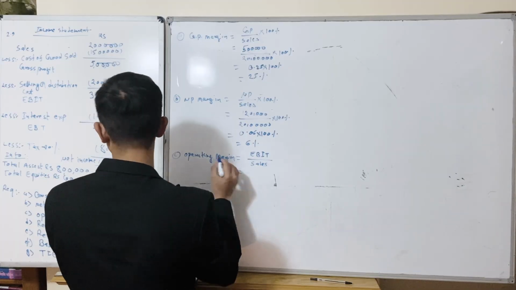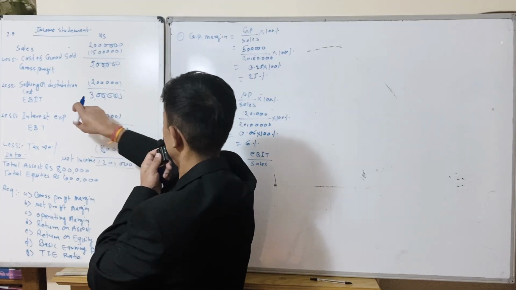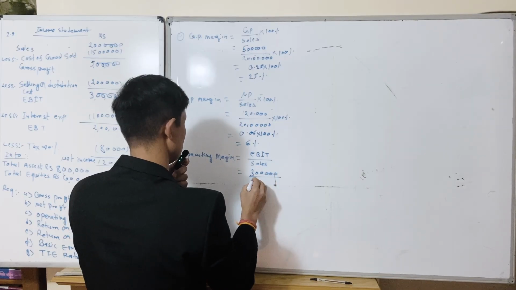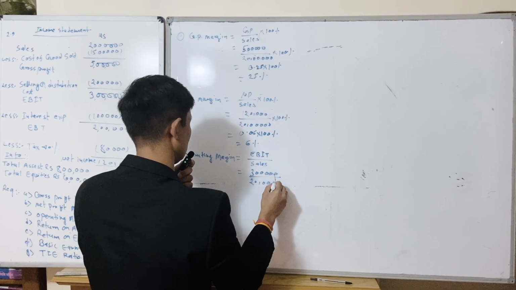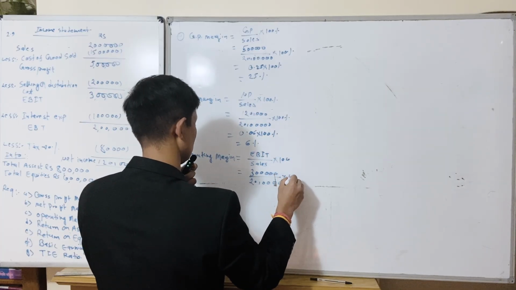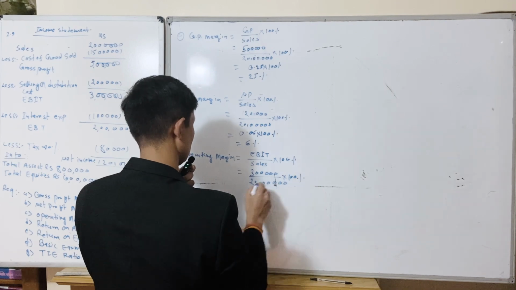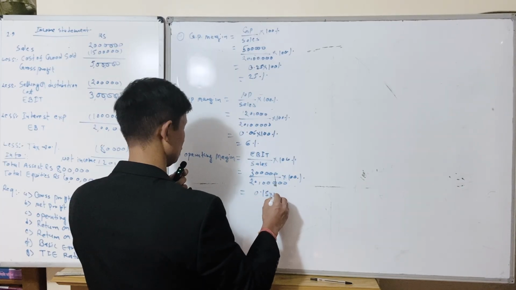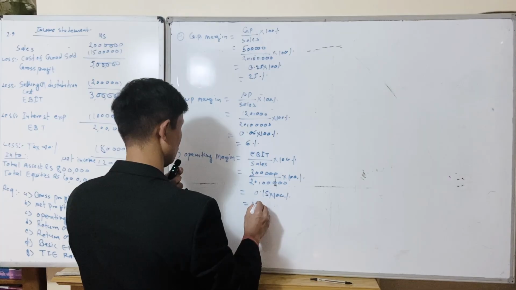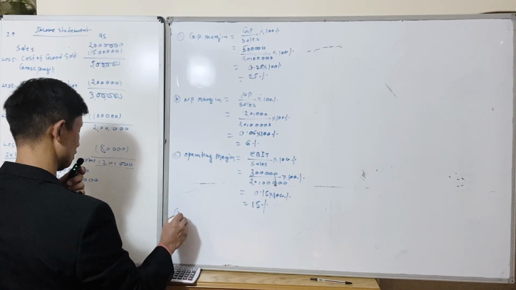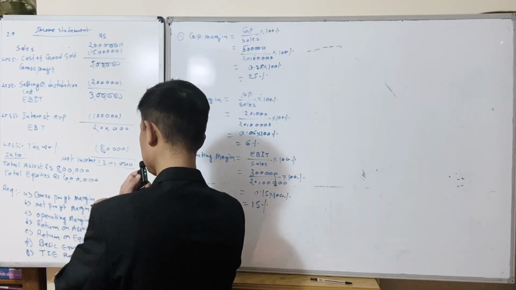We know that EBIT is 3 lakh, then sales is again 20 lakh, multiplied by 100. Then we get 3 lakh divided by 20 lakh is 0.15, which is called 15%. 15% is the operating margin.